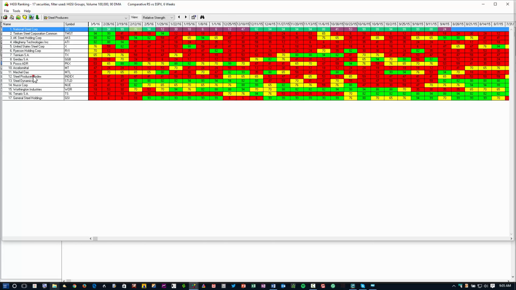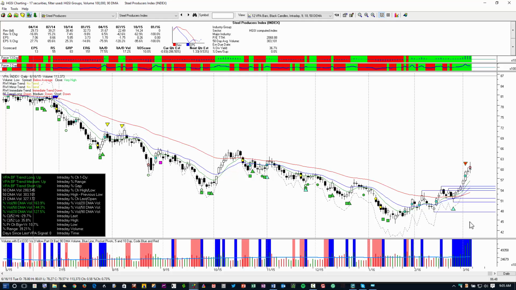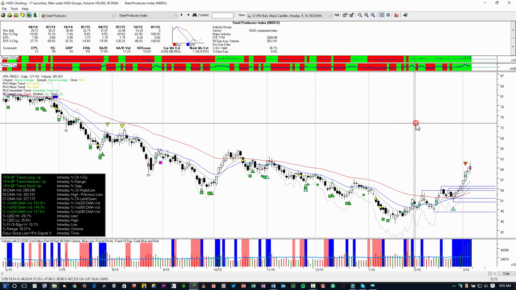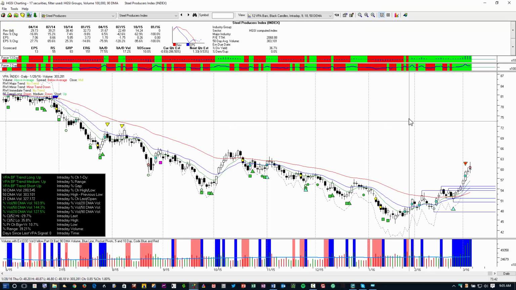I'm going to go down to the index itself, and you can see what this index looks like. We saw it in the other chart. It's represented by the gray line. You can see when I put a crosser on here, the force 2 and the force 13 both went positive. Clear back here, and that date is down here in the corner on 128.